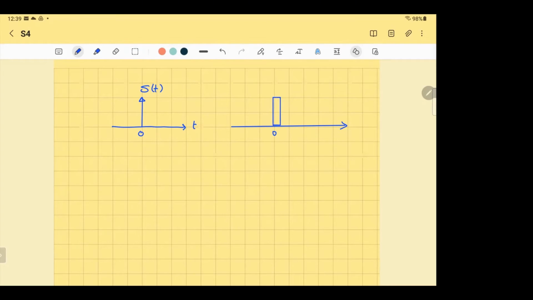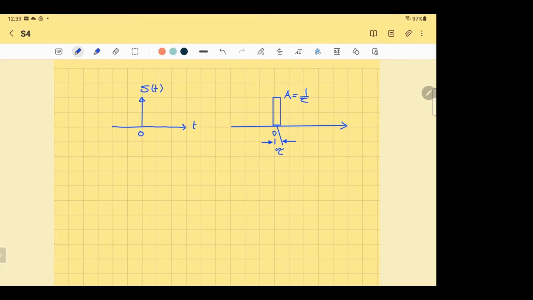And this rectangle has width, let's say, tau: 0.1 second, 0.2 second, 0.01 second, very small, call it tau. So the amplitude A will be 1 over tau. Why? Because I want the area equal to 1 to make a unit impulse.